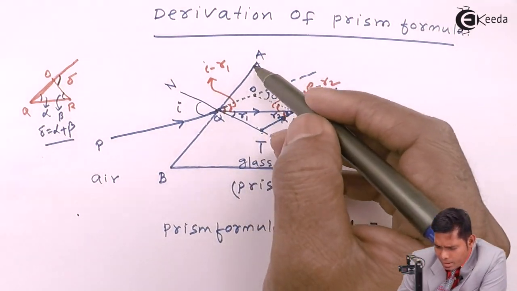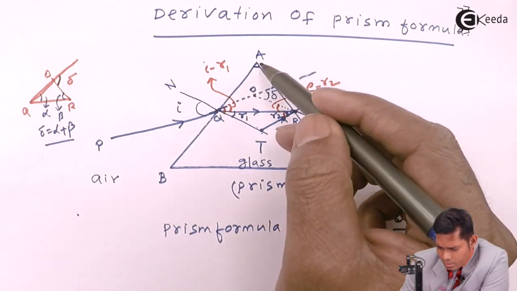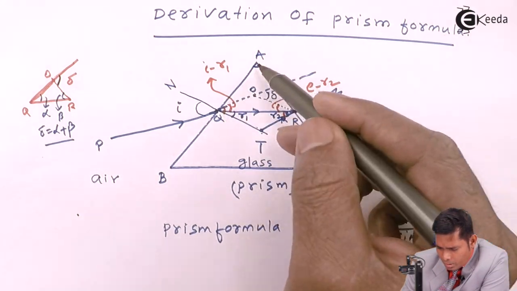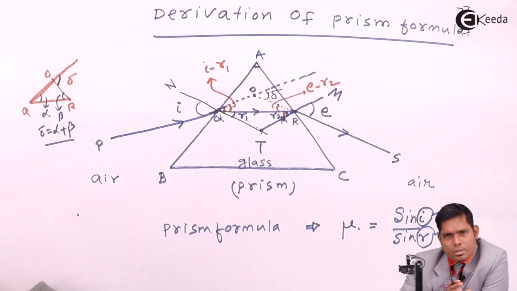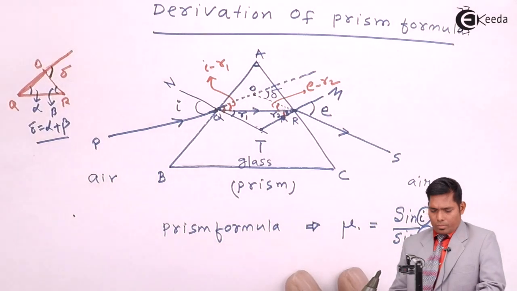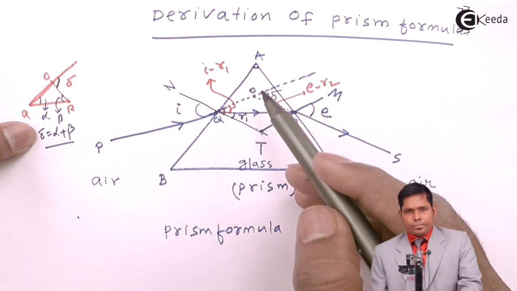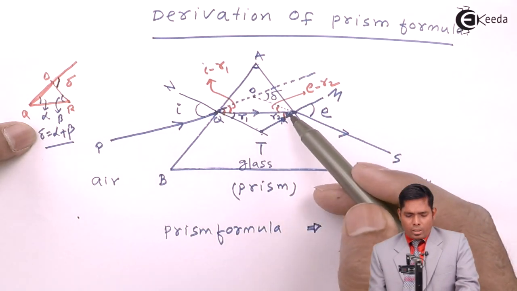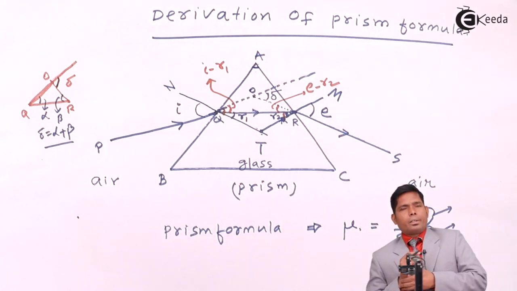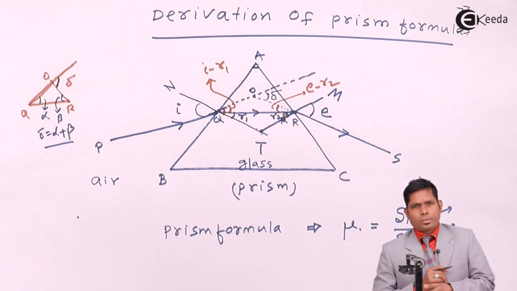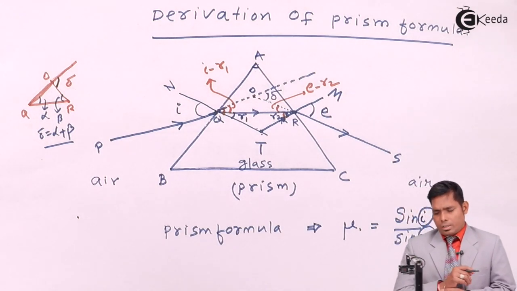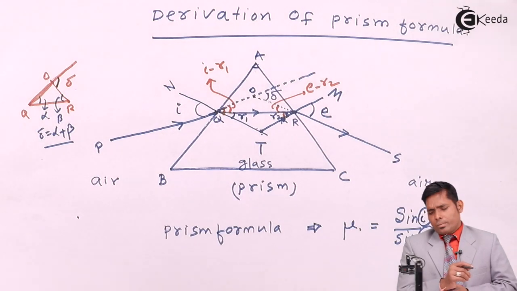Okay. Now we will consider this quadrilateral AQTR, having four sides. What do we get? The sum of four angles A, Q, T, and R is always 360 degrees.